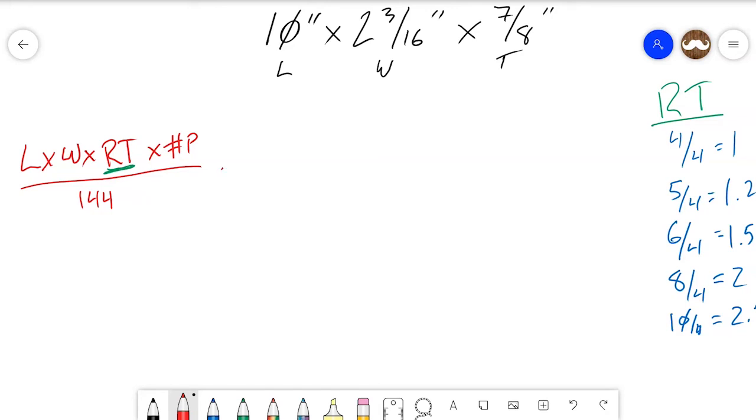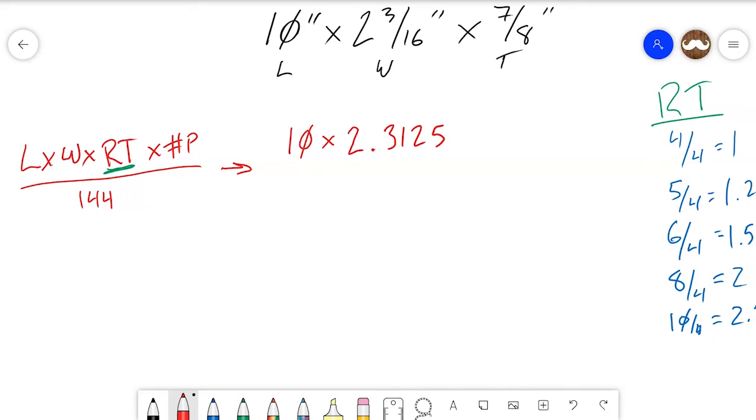So according to the formula that we've got, our calculation is going to look like this. Our length is 10 inches times our width, which is 2 3/16, or 2.3125. You'll notice I'm not rounding that number off. It's really important that I use the full decimals all the way through the calculation until the calculation is complete.